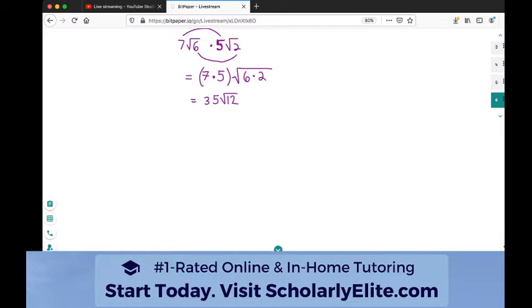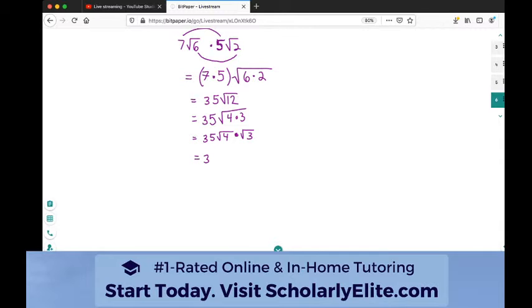All right, let's go ahead and do that. We've got a quite large number as our coefficient, 35, and we break 12 down into 4 and 3, because 4 is a perfect square. If you really wanted to be fancy, separate them. Now we know the square root of 4 is 2.